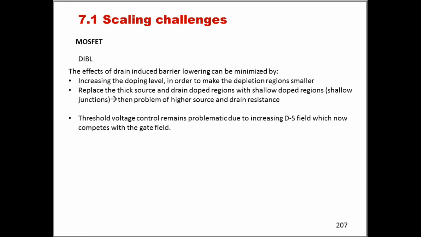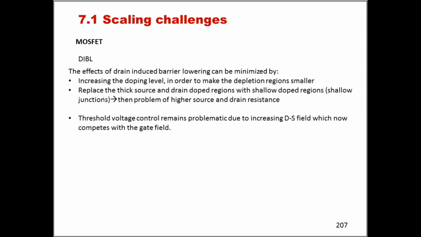Well, the way we can minimize a little bit the effects of drain-induced barrier lowering are those listed here. We could, for example, increase the doping level in order to make the depletion regions smaller. This is something that we realized some time ago in chapter 4 when we discussed the PN junction.